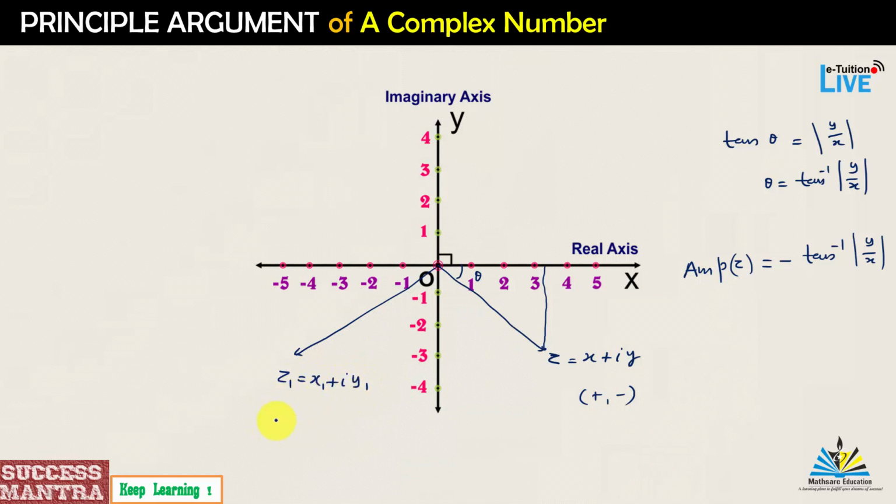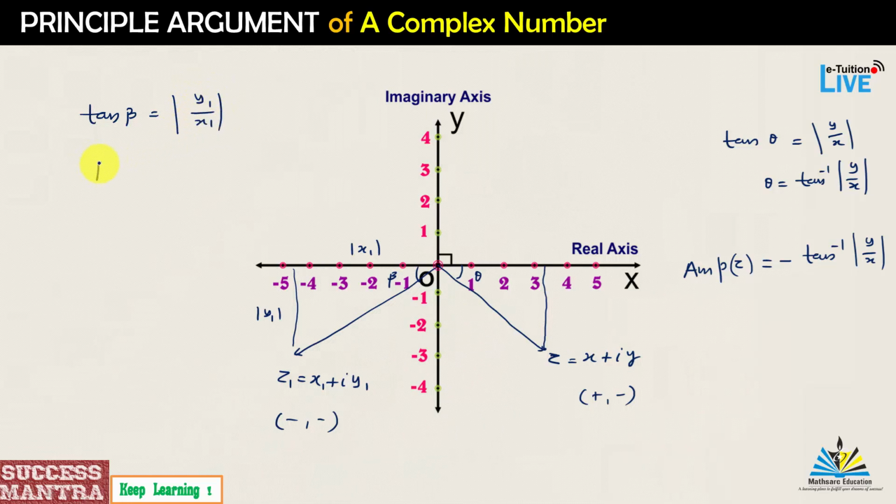So you can observe here both are negative in sign, and hence this is mod of y1 and this is mod of x1. So if we think of this angle beta, then tan beta is equal to mod of y1 upon x1.